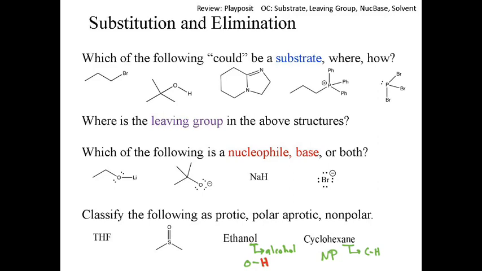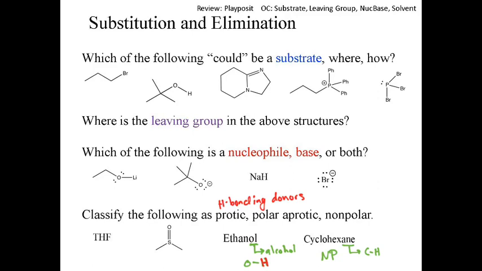We have a hydrogen that is bonded to oxygen, nitrogen, or fluorine. That makes it protic. Your protic solvents are pretty much anything that can hydrogen bond. Really, I should say hydrogen bond donors. Alcohols by definition can donate hydrogens.